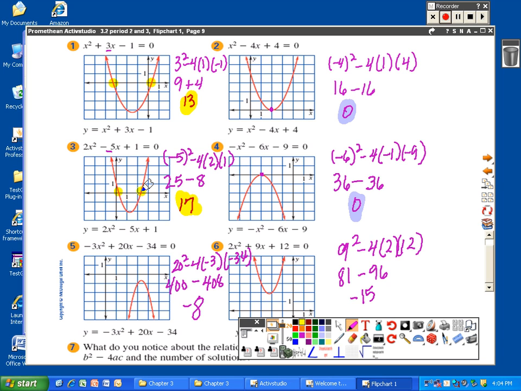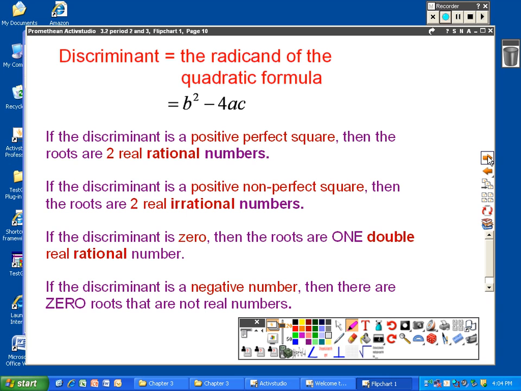And when it is a negative number, notice that the graph does not touch at all. So we can tell things by finding b squared minus 4ac. That is called the discriminant.